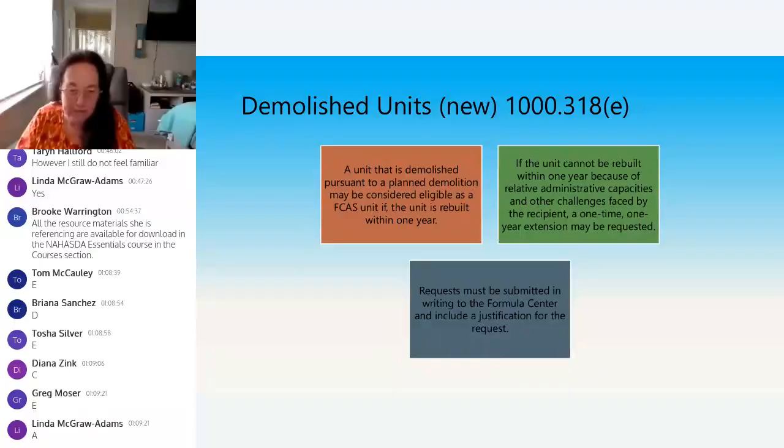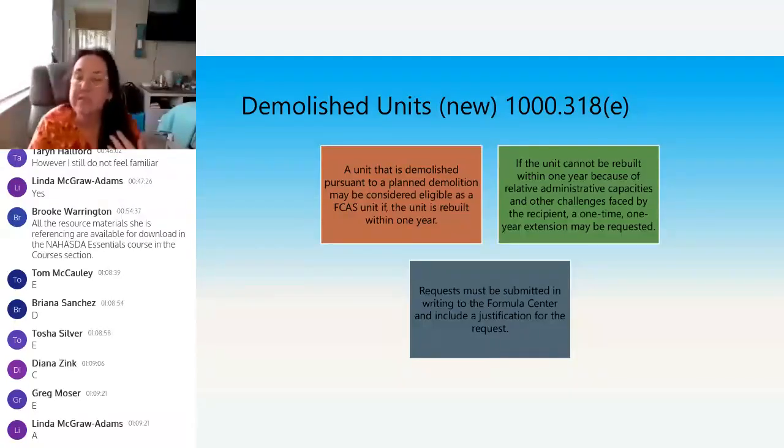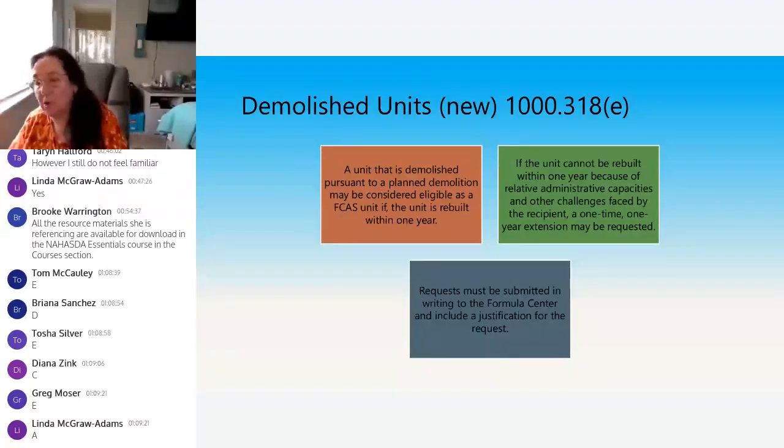Once it was approved, I had a year to do that, and I would still receive the subsidy attached to that unit. If you're going to go over that year period, you have to get permission, and you can't go over it very much longer, and you need a good reason why.